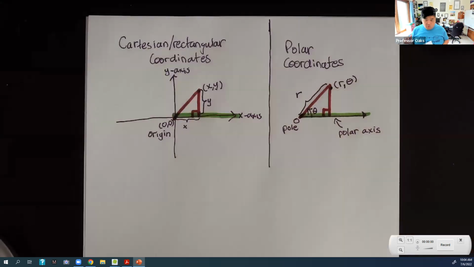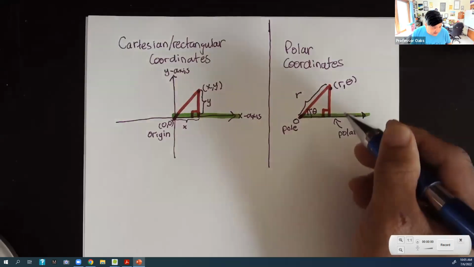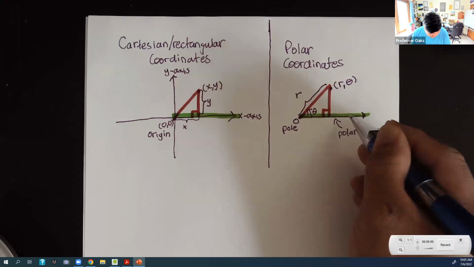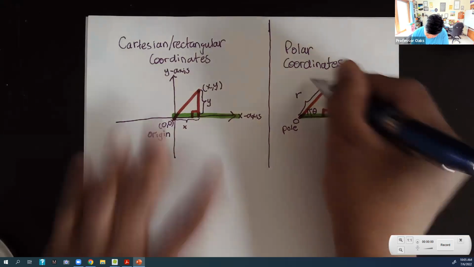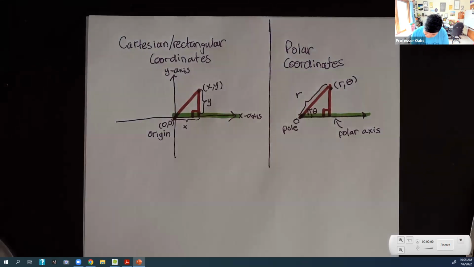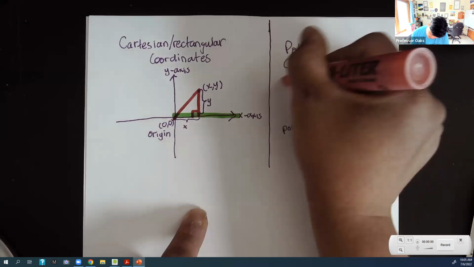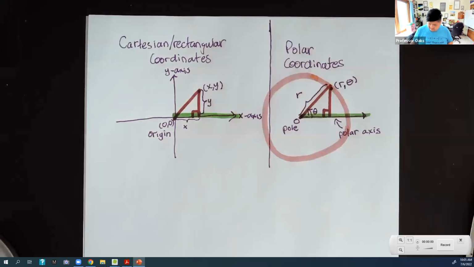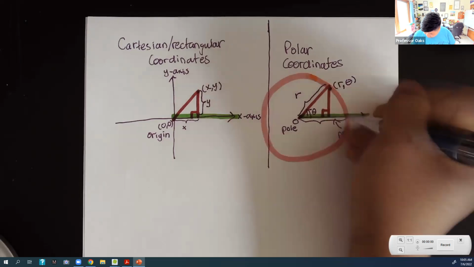What usually happens in the polar coordinate system, and I don't want to show you the diagram without showing exactly what is happening here, is that you would draw a circle around the graph here, and then this right here would also be the length r.